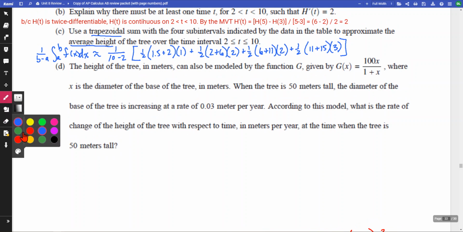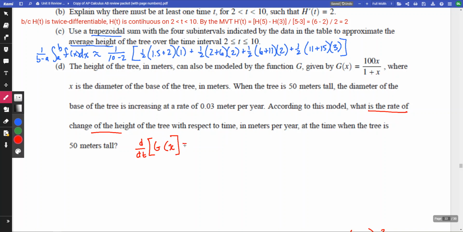So if we come and do our work, we want to find the rate of change of the height. So if we take the derivative with respect to time, because it says with respect to time, of g of x, not g prime, we're going to have a quotient rule.